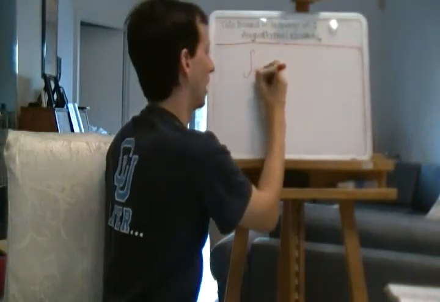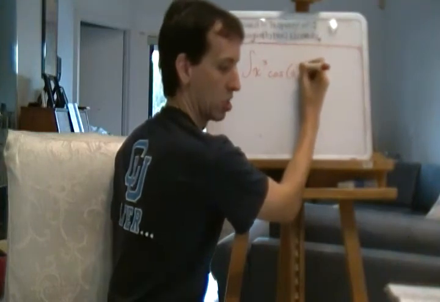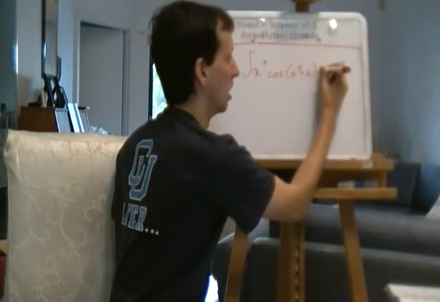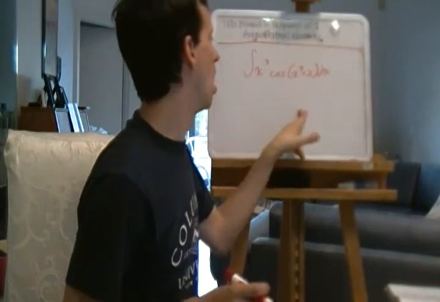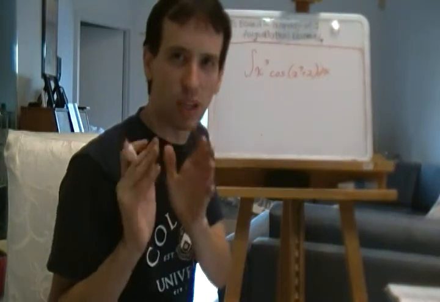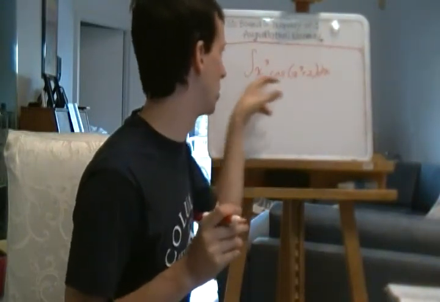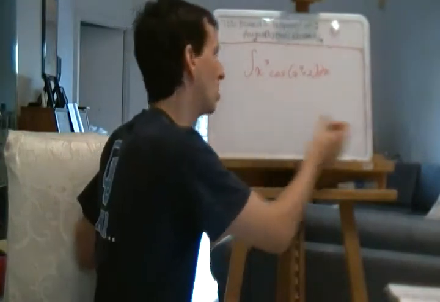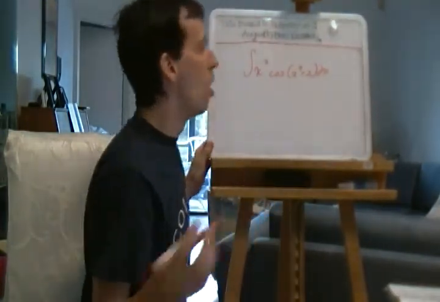We've got the integral of x cubed cosine of x to the 4th plus 2 dx. We totally don't know how to deal with that. But we can look and see x cubed and an x to the 4th. So there's perhaps some substitution that will get rid of this x cubed and the dx and replace it with du.